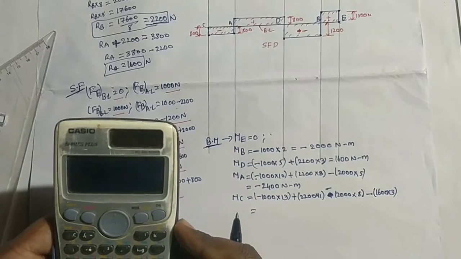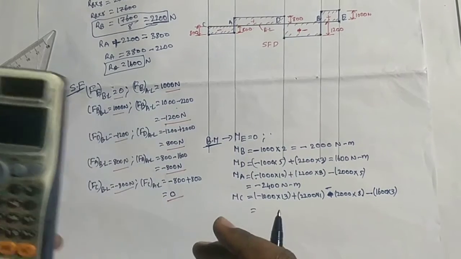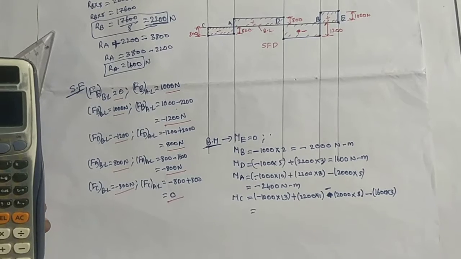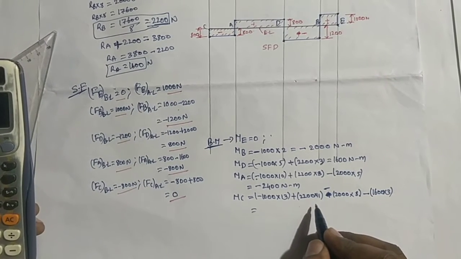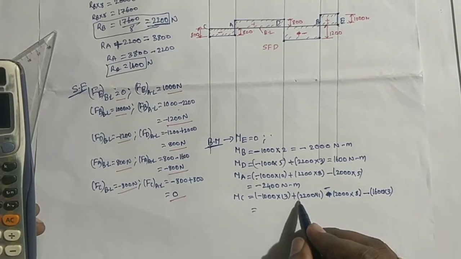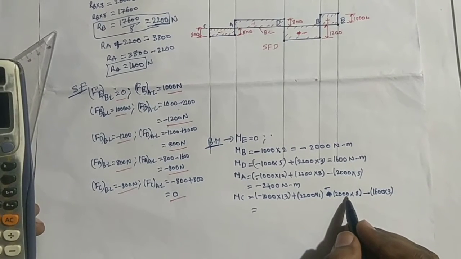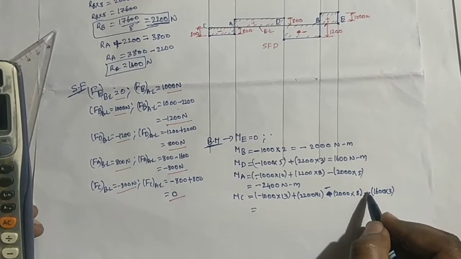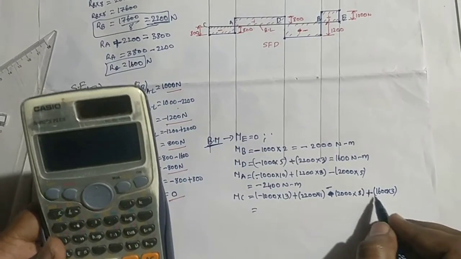Sorry, mistake. RA is positive, because it is acting anti-clockwise.